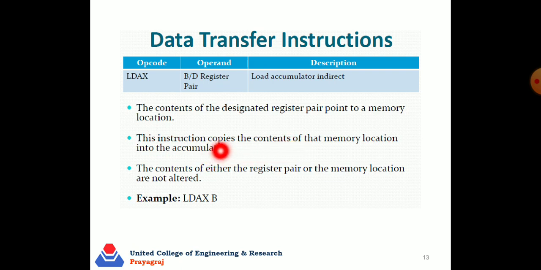The content of either the register pair or the memory location is not altered. Example: LDAXB, or we can say LDAXD. There are only two register pairs, BC or DE.